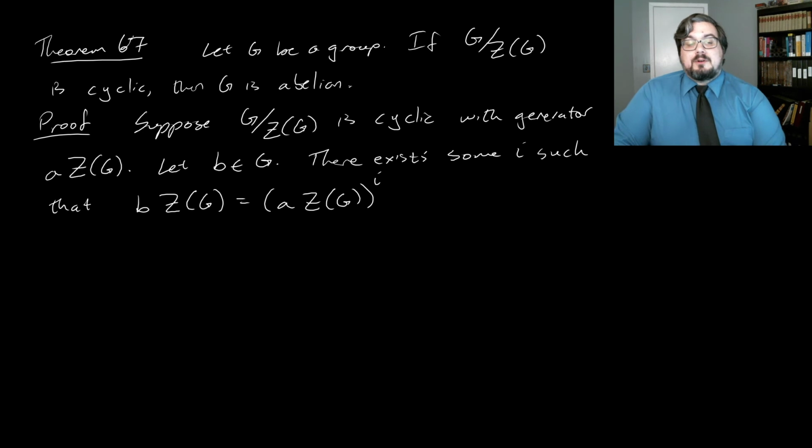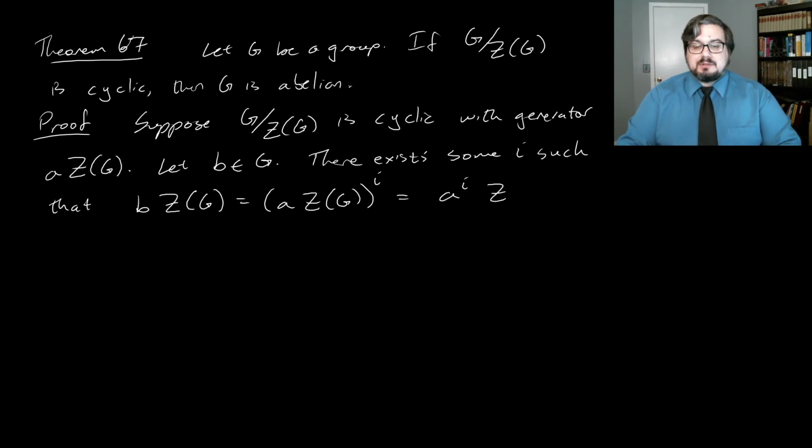That's what it means for G mod Z(G) to be cyclic. It means that any element of it can be written as a power of one of the generators. In this case, the generator is a times Z(G). Now, the powers of a coset are just the coset of the powers. So this is just a^i times Z(G).